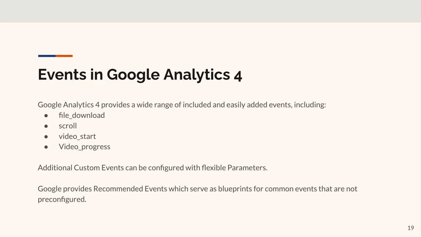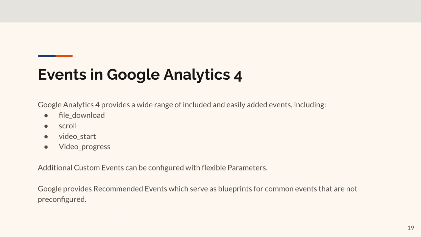Additionally, Google provides a large library of recommended events, which are, effectively, here's a structure for this common web interaction that is in keeping with the other built-in events to, again, make it easier for you to keep things consistent, make your data useful between the built-in events and any custom events you implement.